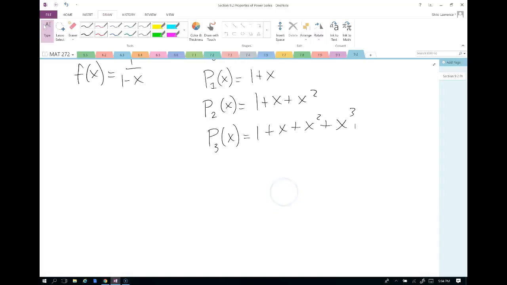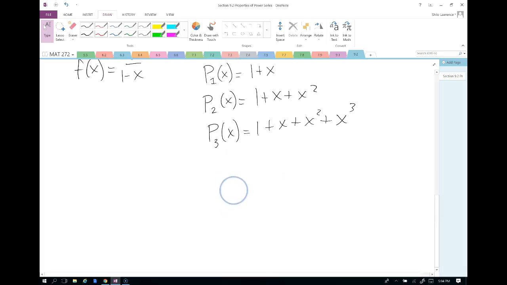So before I talk about how to calculate the radius of convergence, I want to jump back to one of the types of series that we learned in Chapter 8, and that's called a geometric series. These are the easiest to calculate the radius of convergence for because it's built right into the test for convergence.